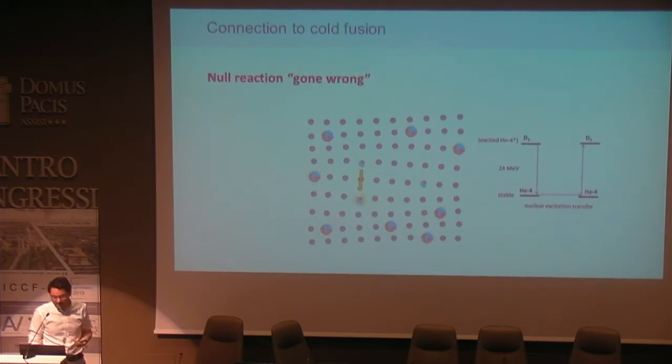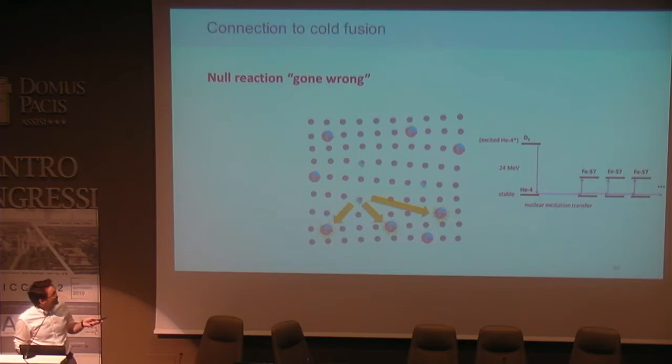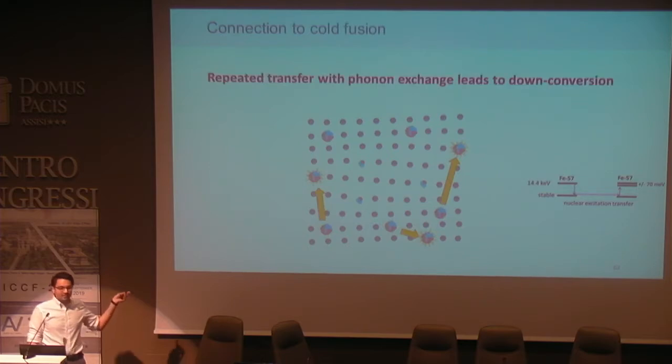But then if you have this happen a number of times, you can get to a place where instead of transferring the energy to another helium-4 nucleus that then disassociates into two deuteron pairs, the energy gets subdivided to different nuclei of these impurities, and you populate those excited states of those nuclei. And then you have the picture that we painted earlier.